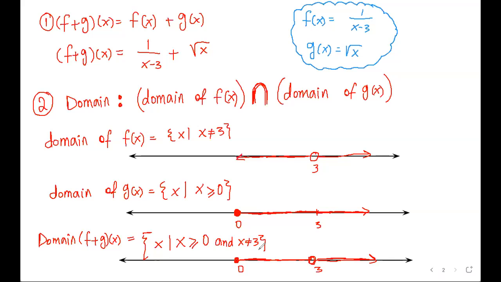All the values are greater than or equal to 0, but x not equal 3. The 0 is included, and the number 3 is excepted from this interval. So this is the domain for the function f plus g of x. Makes sense? Understand how to find the domain? Is it clear? Okay.